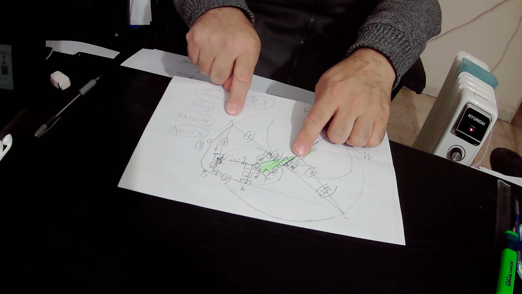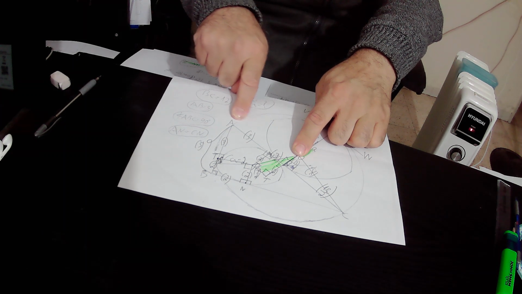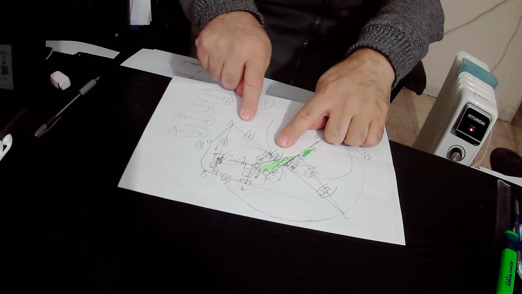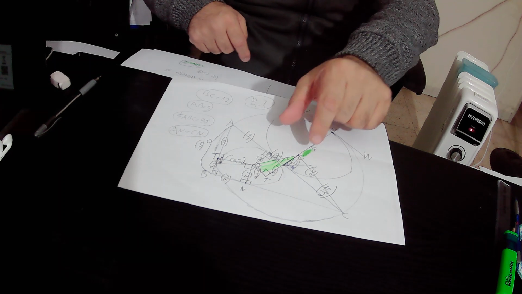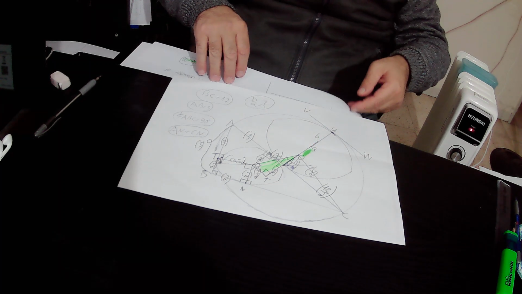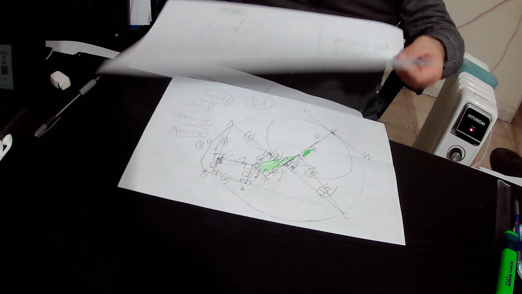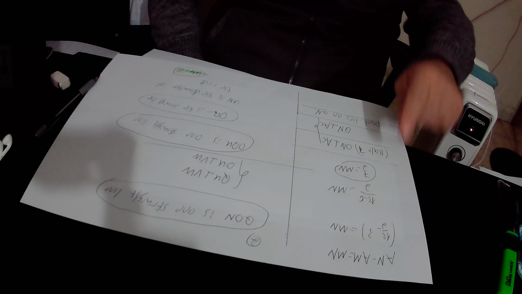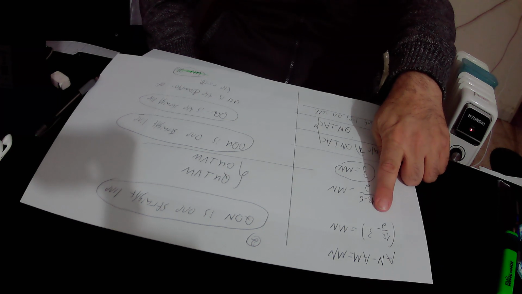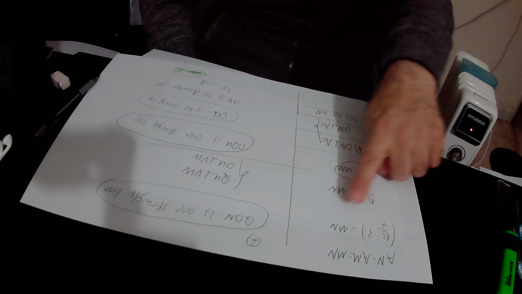We have already found out that AN equals 13 over 2. AM is 3, therefore AN minus AM equals MN. Again, I repeat that AN minus AM equals MN. AN is 13 over 2, AM is 3, so it is 13 over 2 minus 3, that is equal to MN.